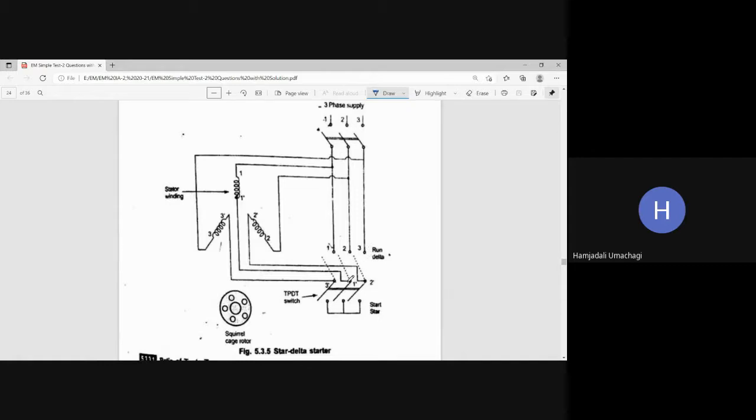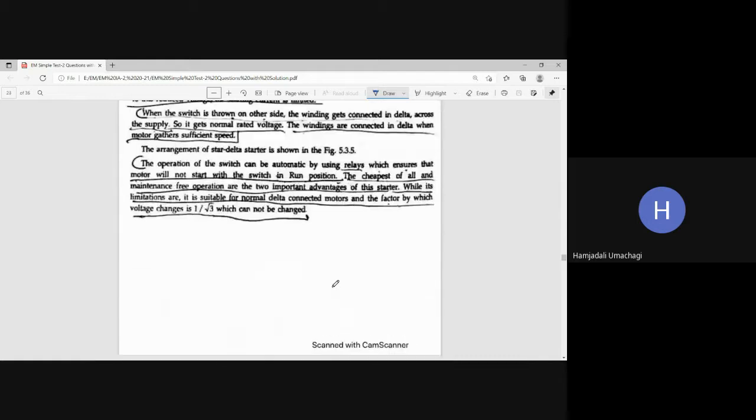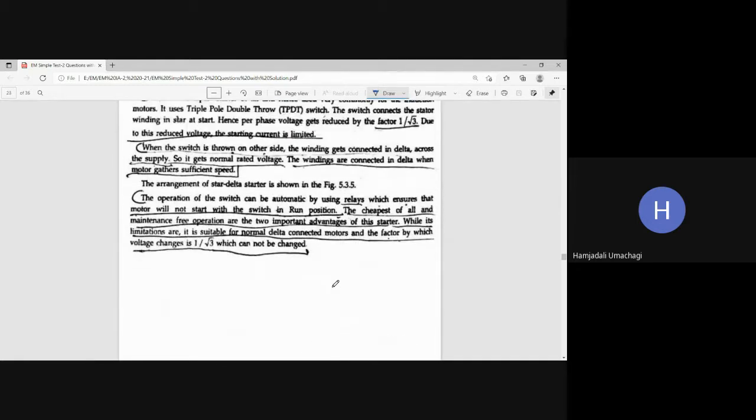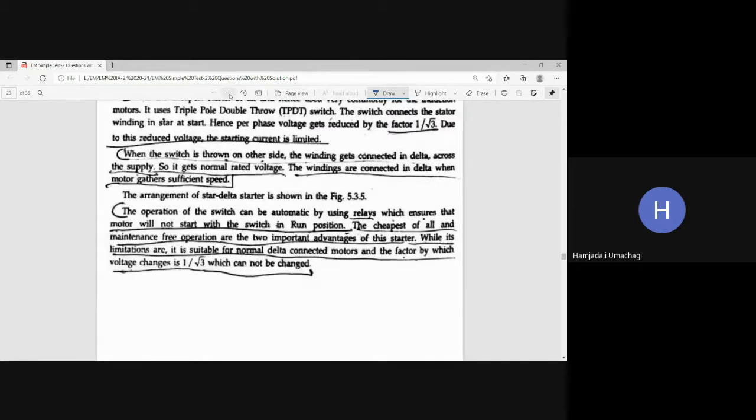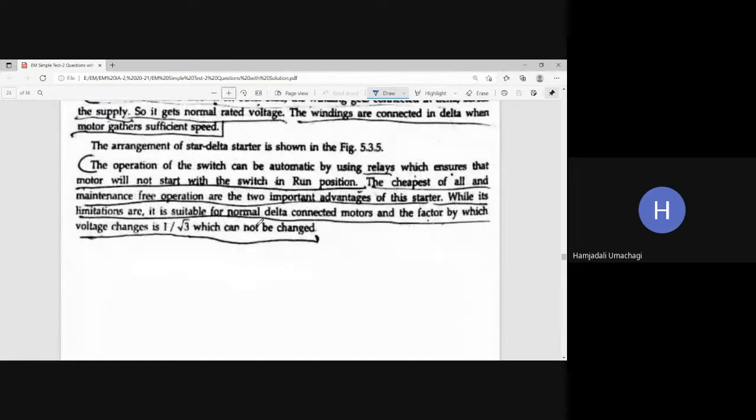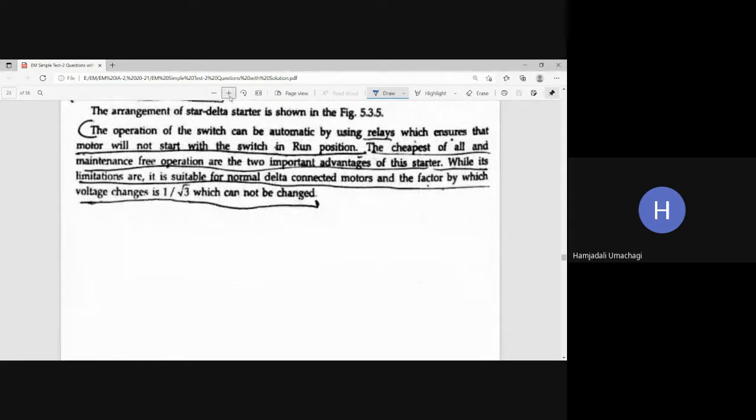So all this throwing of the switch from star to delta, during starting and during normal running condition, will be taken care of automatically with the help of relays. Okay, the operation of the switch can be automatic. Here you can see that the operation of the switch can be automatic by using relays, which ensures that the motor will not start with the switch in running position.